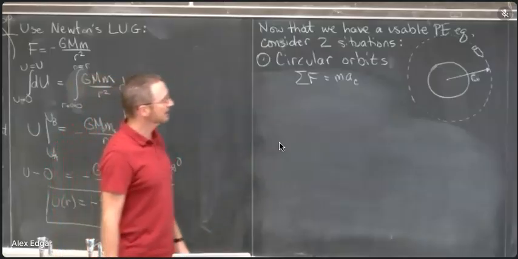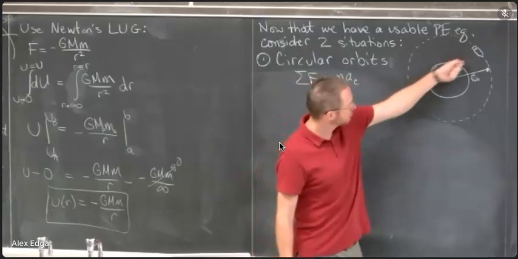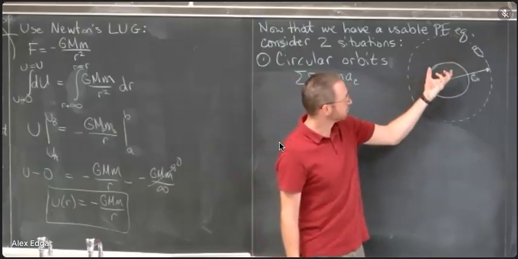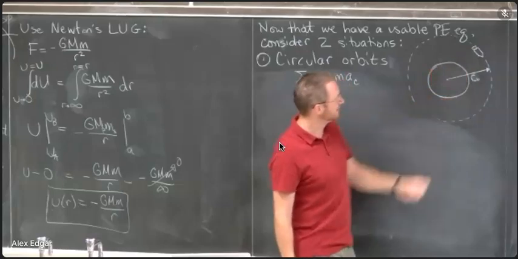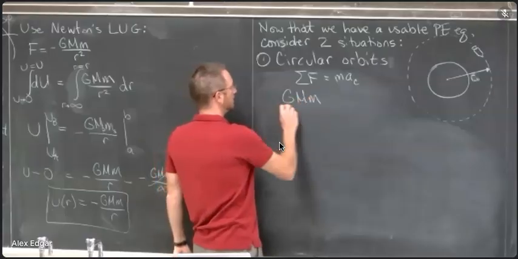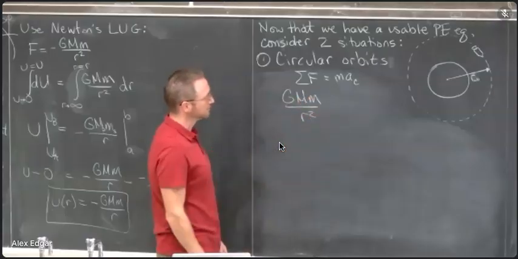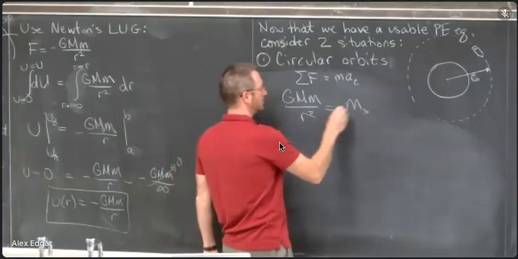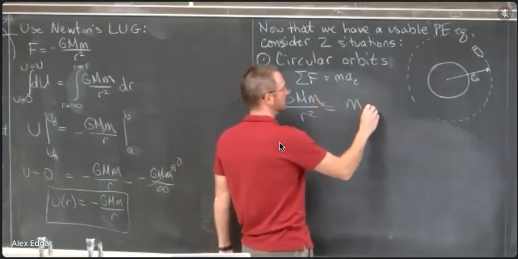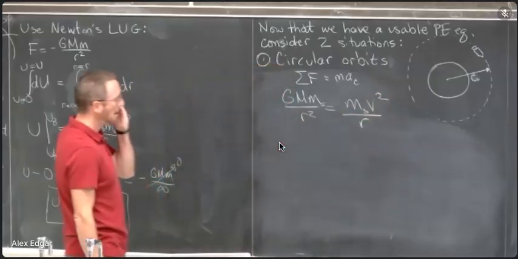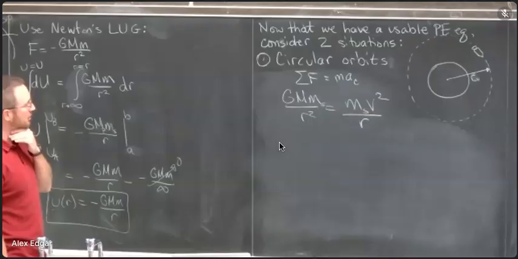And when that's the case, we don't have an actual string tying this. What we have is the force of gravity, the force of gravitational attraction between the planet and the satellite. So on the left side here, we're going to have the force of gravitational attraction between them. And then the satellite, so let's use our subscripts here, m satellite, v squared over r, for circular motion.